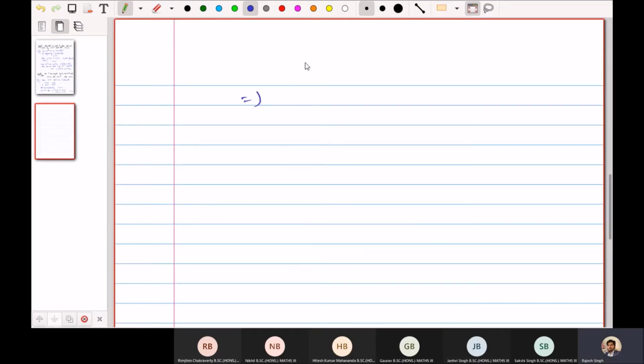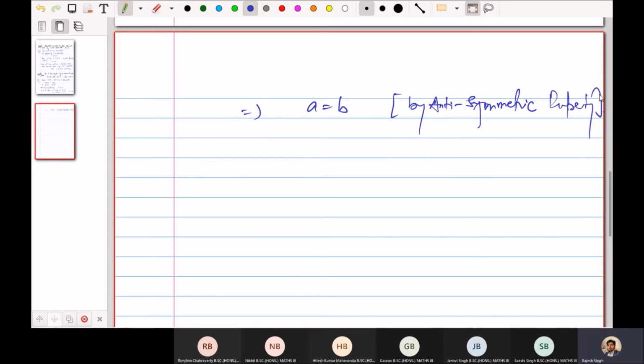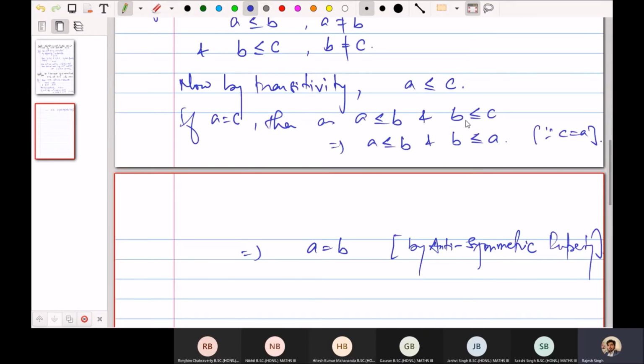This implies A is equal to B by antisymmetric property. ठीक है, हमें तीन properties हैं, उन्हीं का use करना है किसी तरह. If A is equal to C, then because A is related to B and B is related to C, this implies B is related to A.